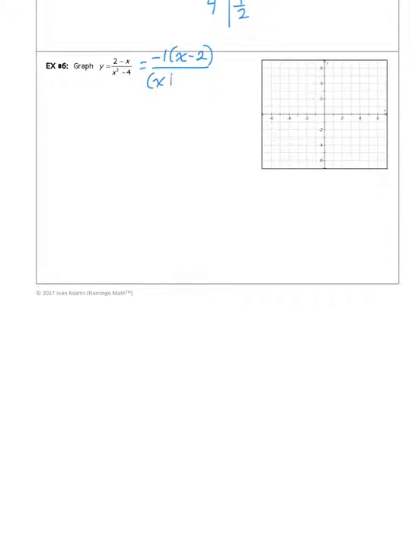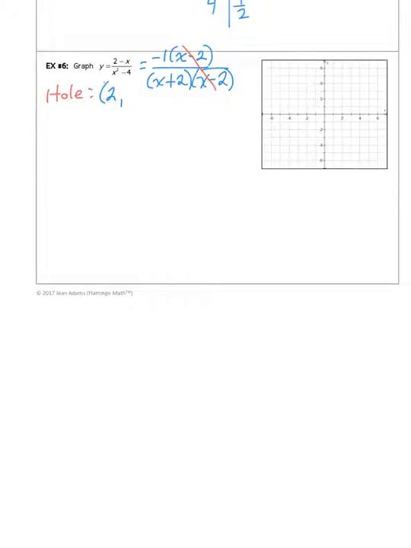My denominator factors as x plus 2 and x minus 2. So this becomes a removable discontinuity, which is a hole. My hole is going to have an x value of 2, because if I set this equal to 0, x would be 2.